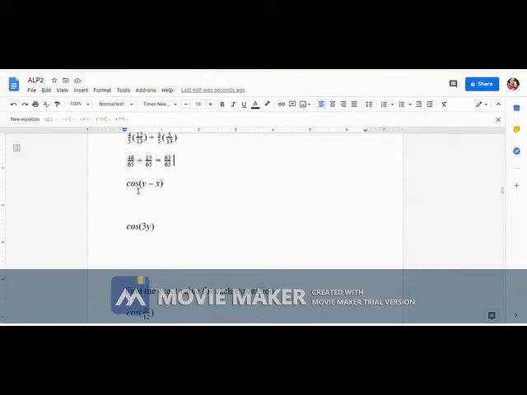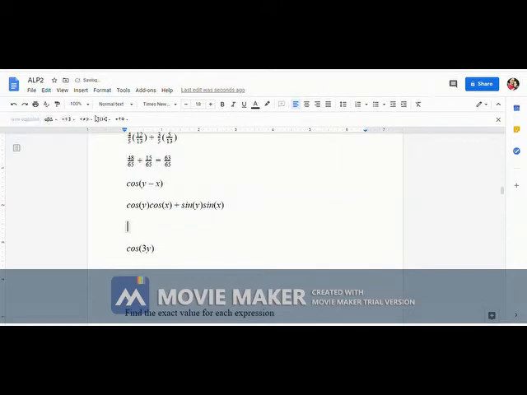Alright, so now let's do it with cosine of y minus x. Cosine of a minus b is cosine a, or cosine y, cosine x plus sine y sine x. And we know the values for each of these.